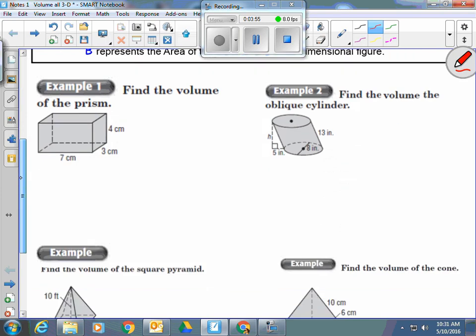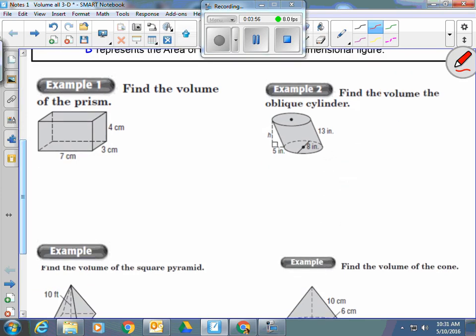Okay. So let's try a couple of these. Volume of the prism. So volume is area of the base times the height. That's going to be length times width, and then times the height, right? Does it really matter which one's your base? No, because we're talking about how much does it take to fill it. It doesn't matter which way it sits.